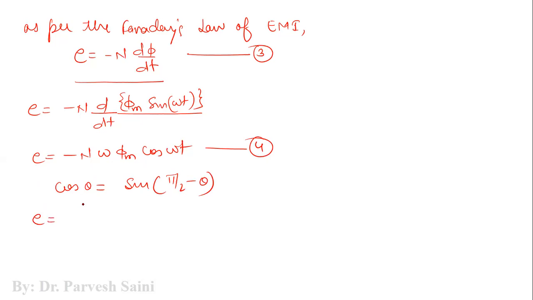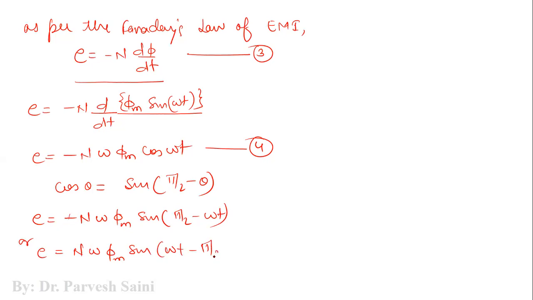So E would be equal to minus N omega phi m sine of pi by 2 minus omega t. So we can rearrange, we can take this negative sign common, so this will be cancelled out here. So we can simplify this one: E equals N omega phi m sine of omega t minus pi by 2. So this is equation number 5.